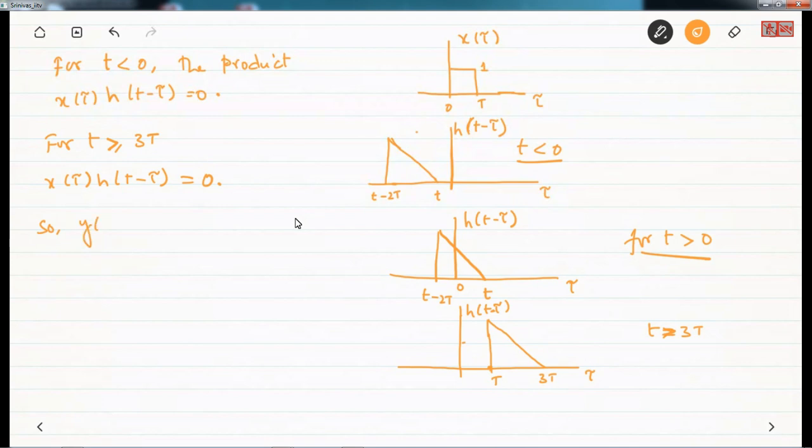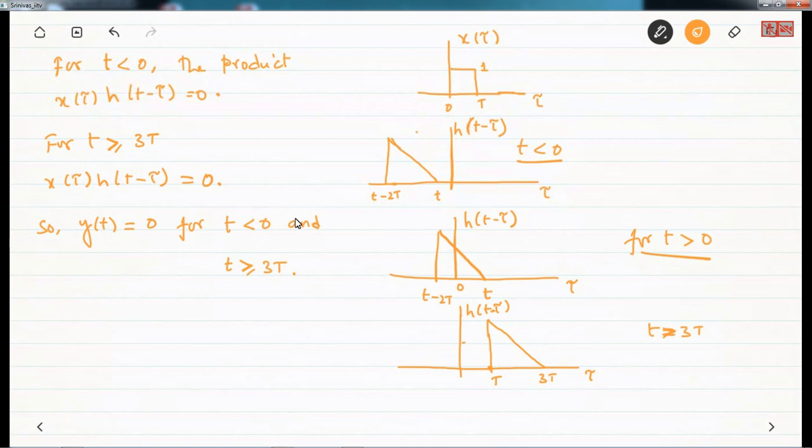So y of t is 0 for t less than 0 and t greater than or equal to 3t, right?